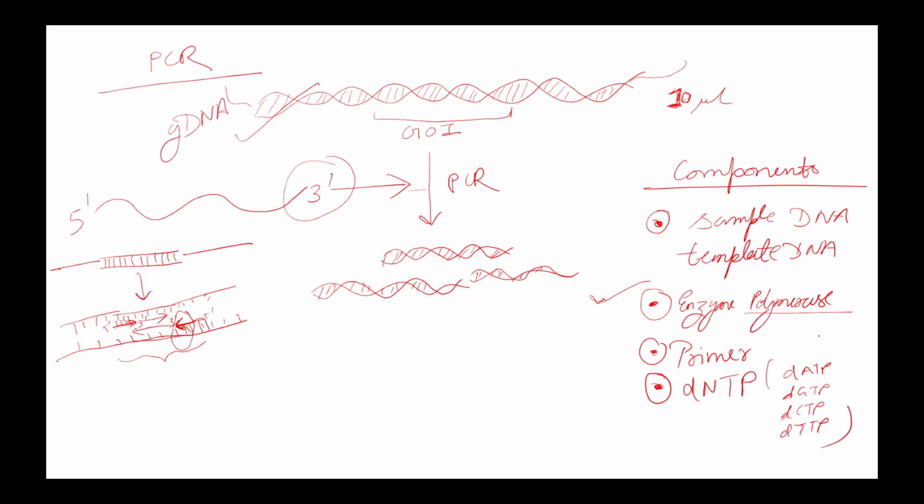So these dNTP mix will be needed. These dNTPs will be added here according to their complementary base pair. So these are the four basic things you will need.